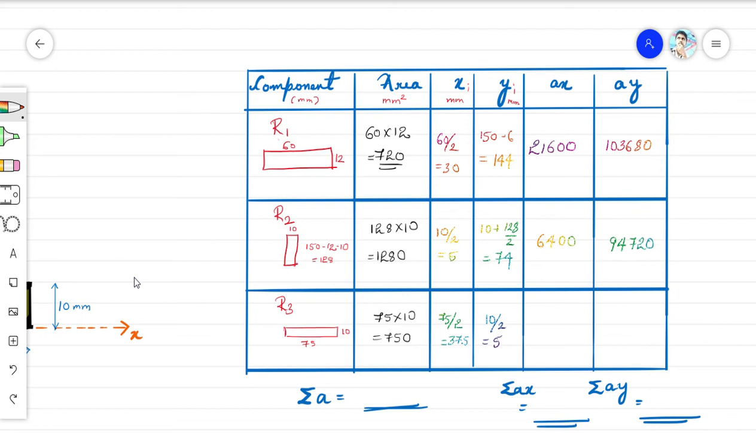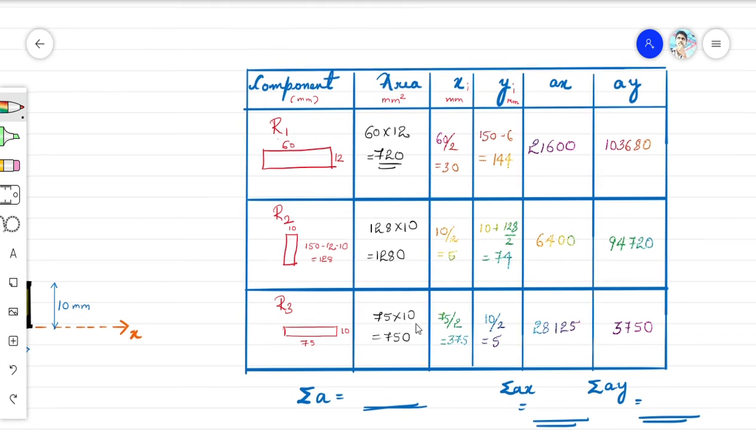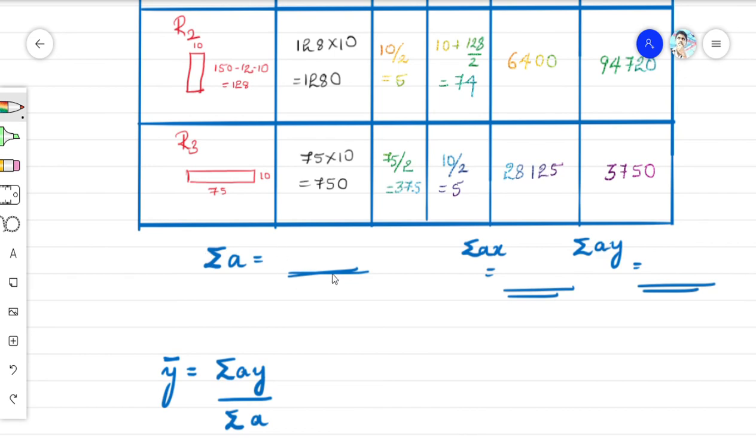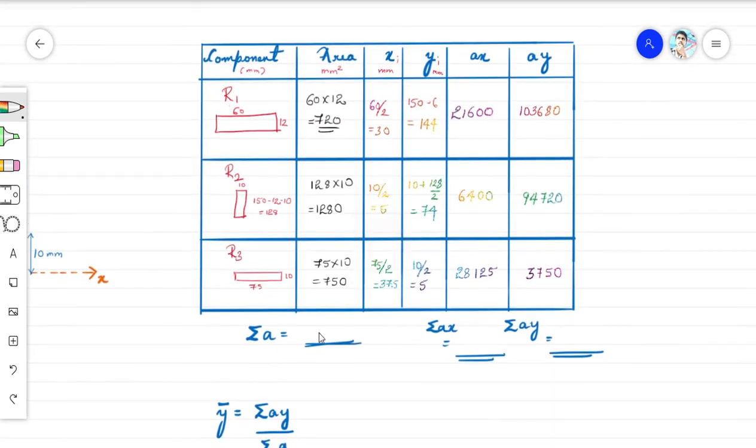750 into 37.5 becomes 28125. 750 into 5 becomes 3750. So our next step is making an addition, a summation of all the areas. That means the total area.